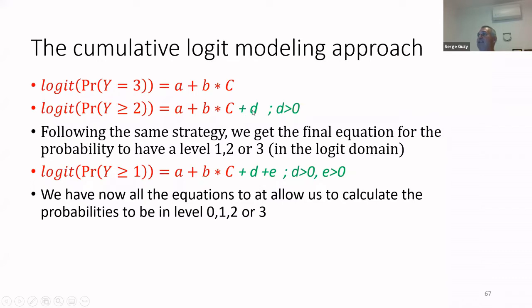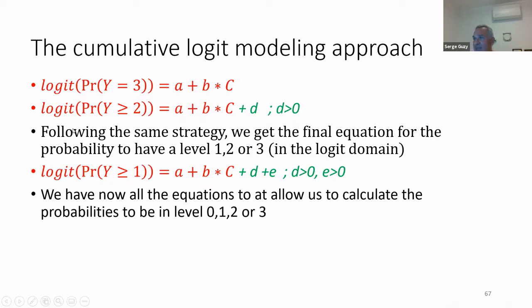And I'm going to add a number that is positive. If I'm adding a positive number in the logit domain, the probability will be larger than the corresponding probability to get level 3.